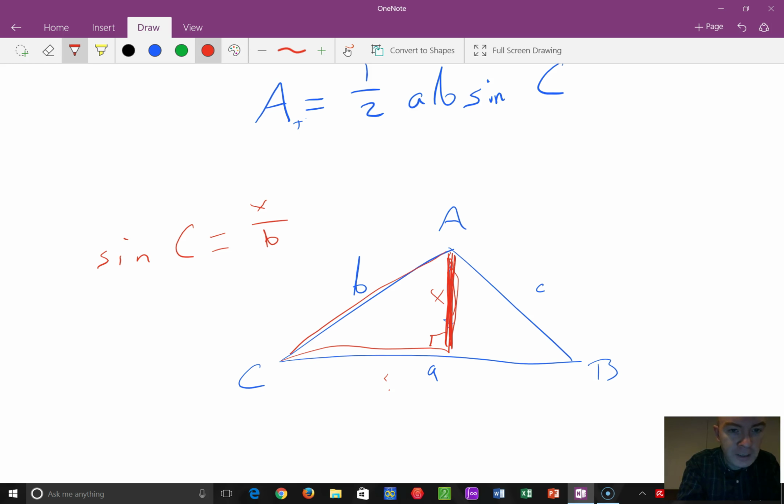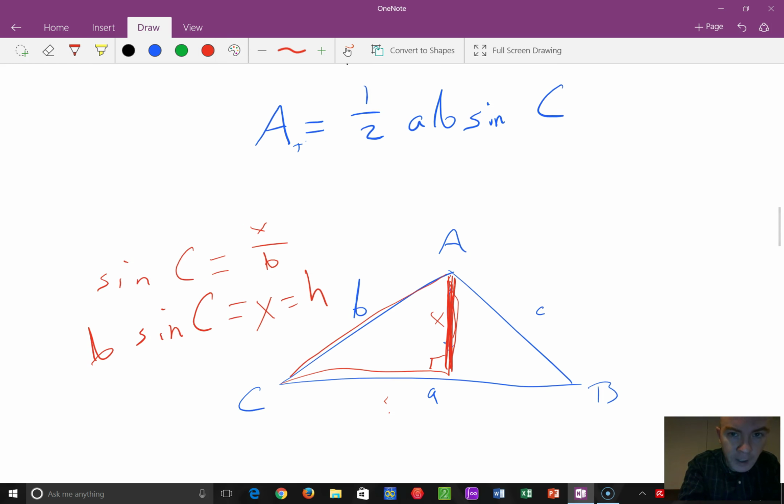If we want to get the height, we'd just get b to the other side by multiplying both sides. So little b times sine of big C is equal to x. Okay? Maybe I should have named it h, because that really is our height. So if we look back here, this is actually our height.